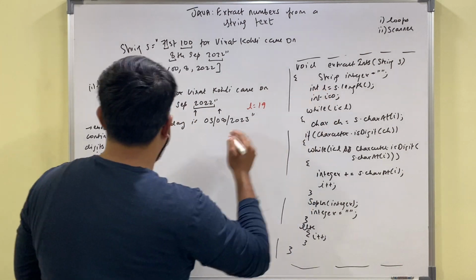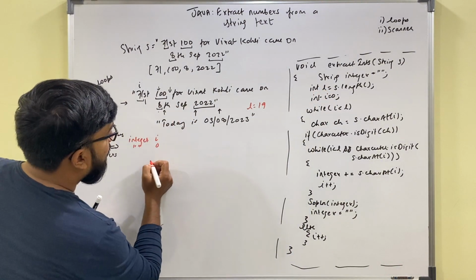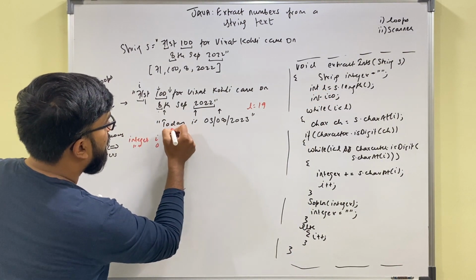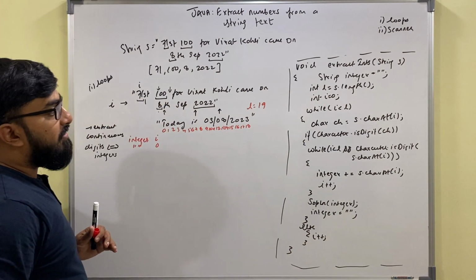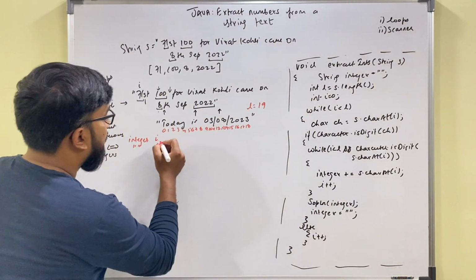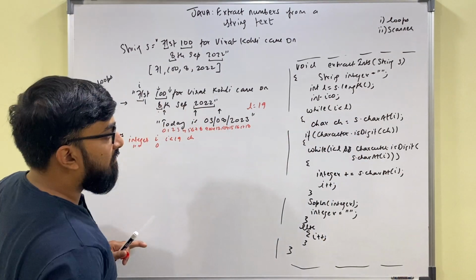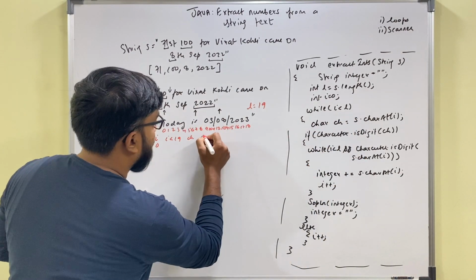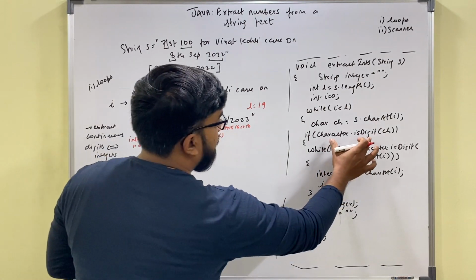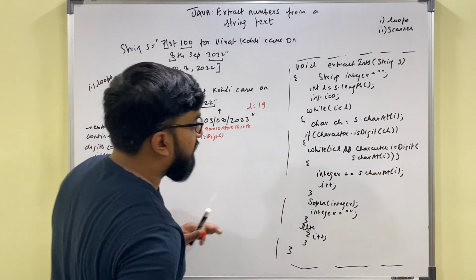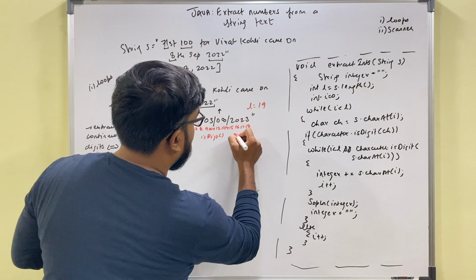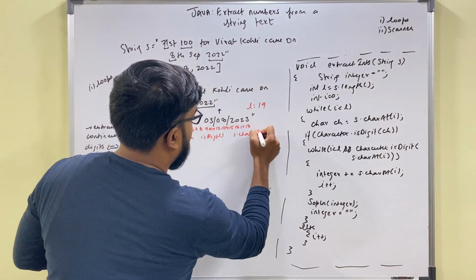I is equal to 0, and indices are going to be 0, 1, 2, up to 18. While i is less than L, i is less than 19. You have ch, and the Character.isDigit function. I'm writing this Character.isDigit, in short isDigit, and I'll also write s.charAt(i) here.